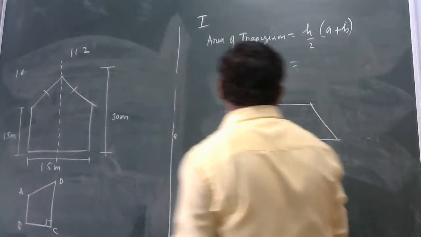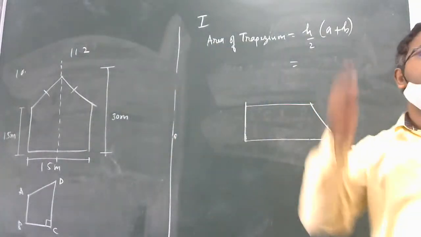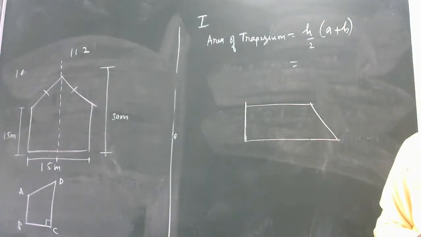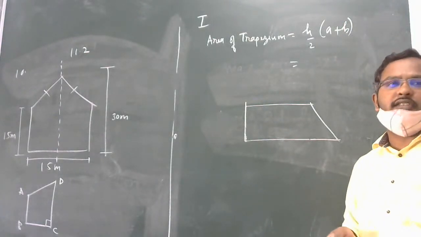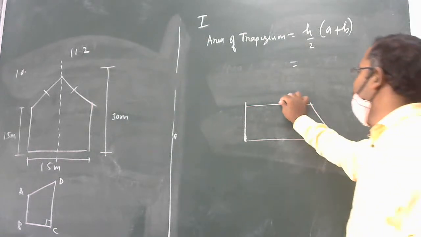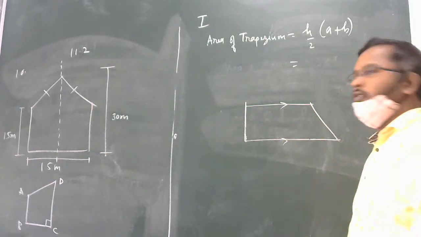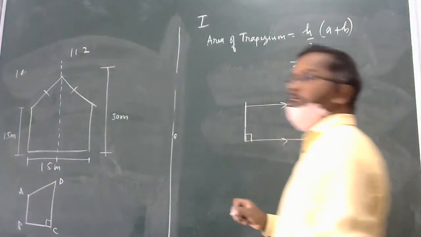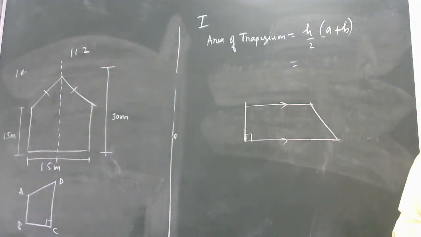See, whenever you take a trapezium, you always have to take the perpendicular distance between the two parallel sides. We have to take that as the height. So these are your parallel sides, and this is your perpendicular distance. That distance we have to take as height.